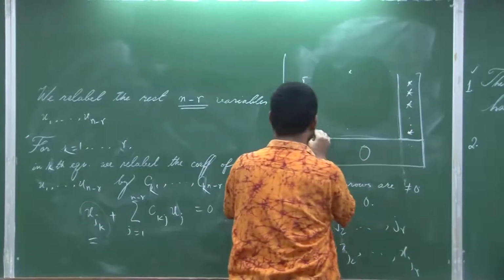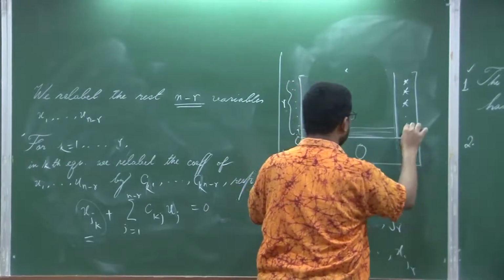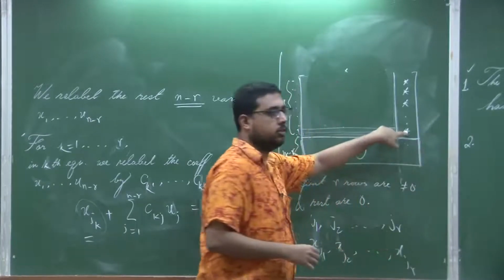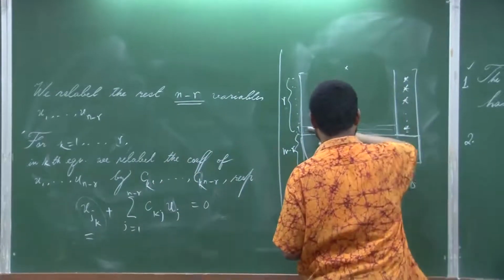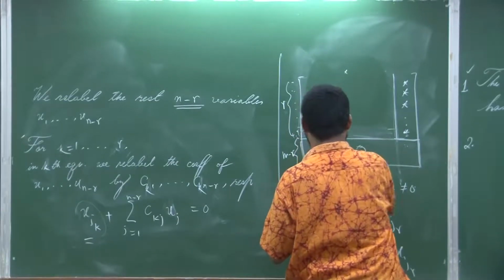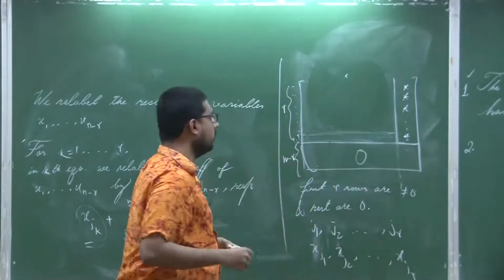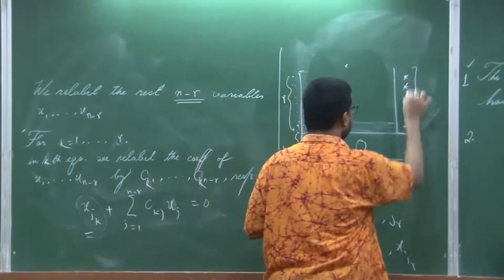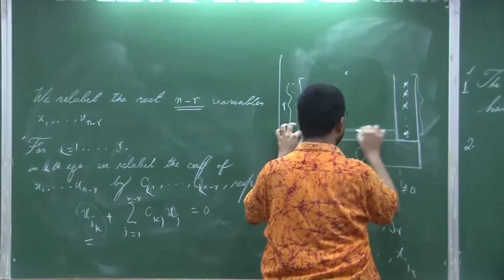Because if the last row just above this goes completely 0, and here you have something non-zero, so again it has to be a pivot. So, therefore, it cannot happen. So, the thing is whenever you have a non-zero row here, up to this point you must have a non-zero row here as well.